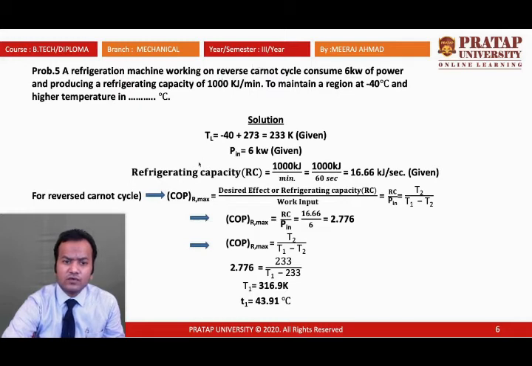So for the maximum COP of a refrigerator, you first write the formula in terms of temperature, and this COP is also equal to RC by the power input. So the COP of a refrigerator of a reverse Carnot cycle is RC by power input. RC is given and the power input is given.